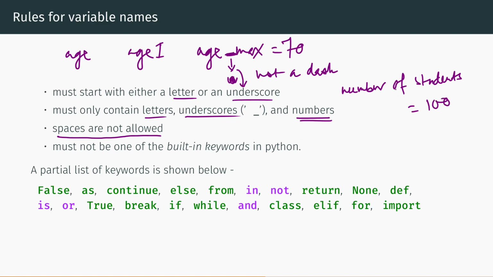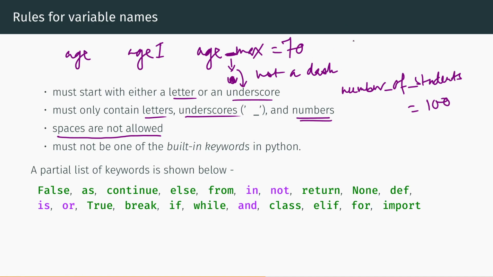If you want a variable name like this, you cannot have spaces in between. One of the things that people do is use underscores instead. So number_of_students. Your variable names can be, for all intents and purposes, as long as you want. Not too long, by the way, but they can be pretty long.